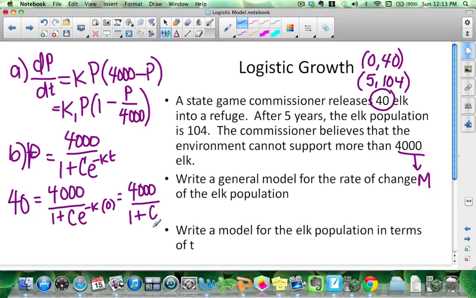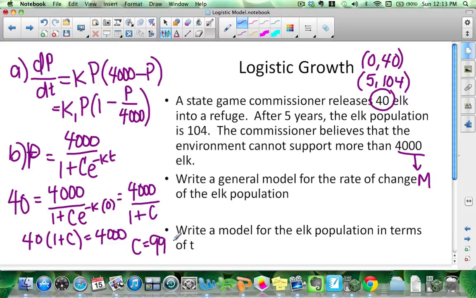And I can solve this for C. So I'm going to multiply both sides by 1 plus C, and divide both sides by 40, and I get 1 plus C is equal to 4,000 divided by 40. And then I'm going to subtract 1, and that gives me C is equal to 99.